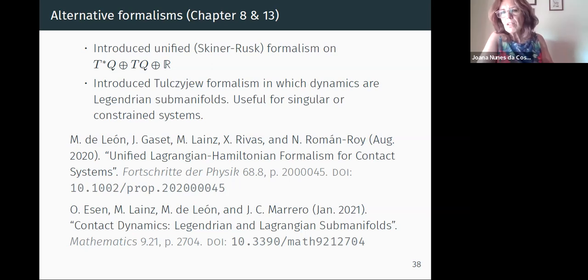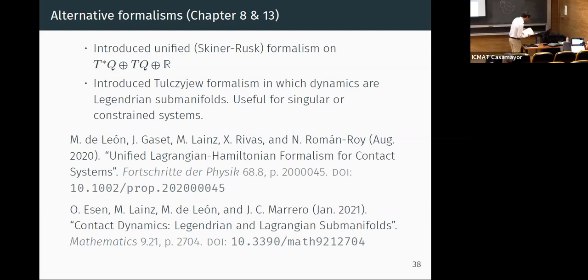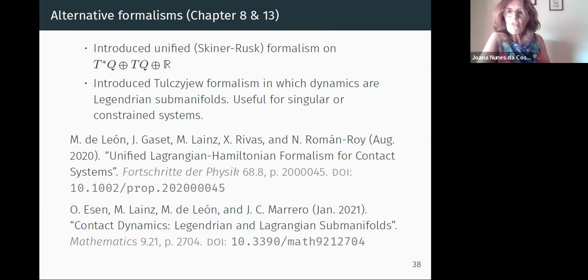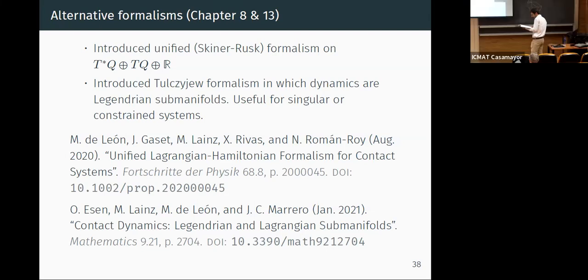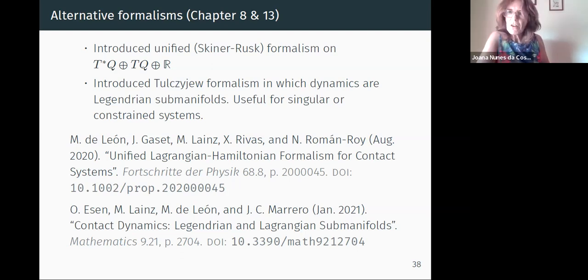So the compact version of the Marsden-Weinstein reduction theorem. Theorem 4.46. I don't know if my pages agree with yours. So yes, the reduction theorem via moment maps.